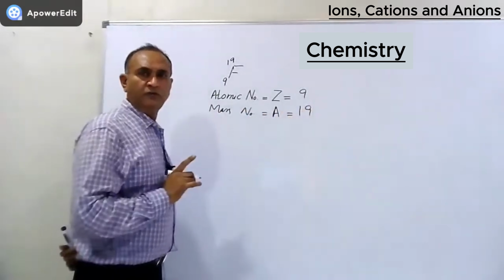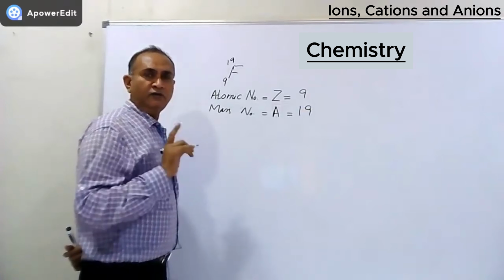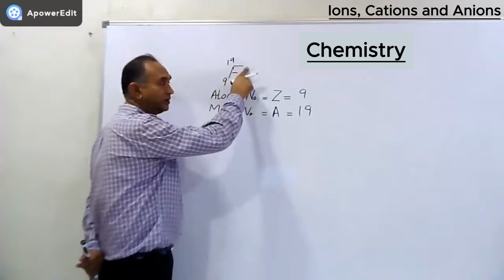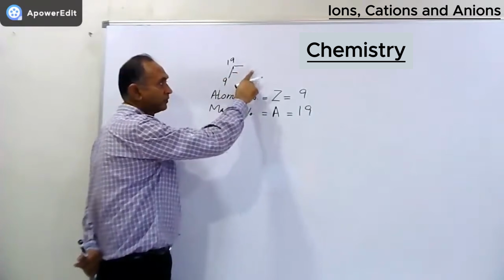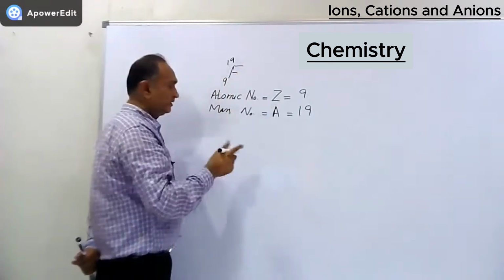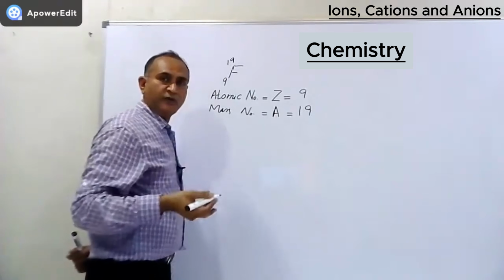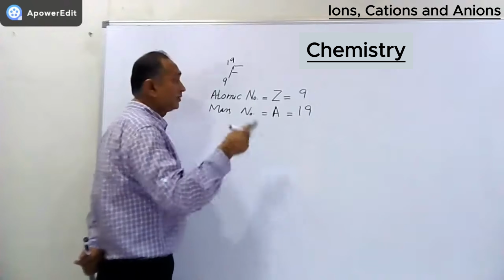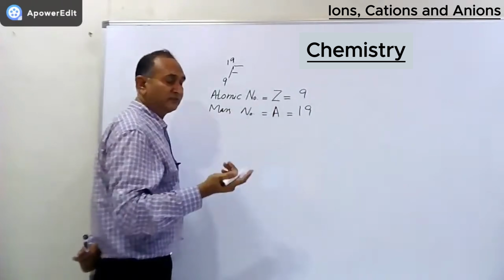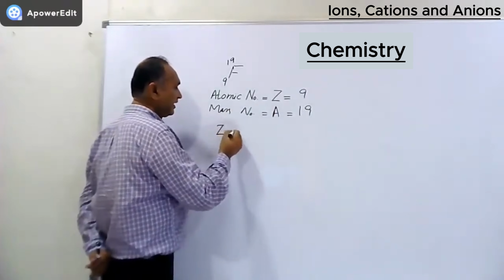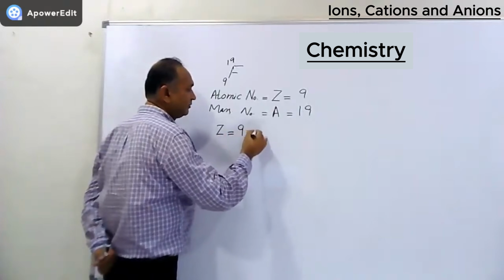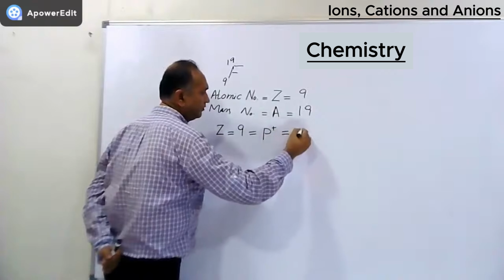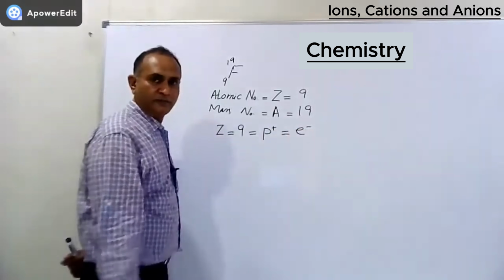One more thing I told you, that if you do not see any charge like plus or minus on a symbol, it means it has an equal number of protons and electrons. Whatever the Z value is, that will also be the number of protons and the number of electrons.